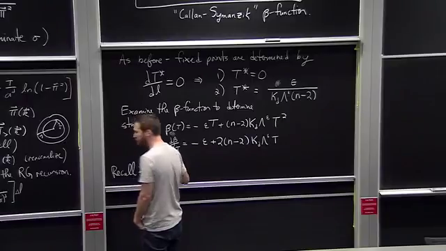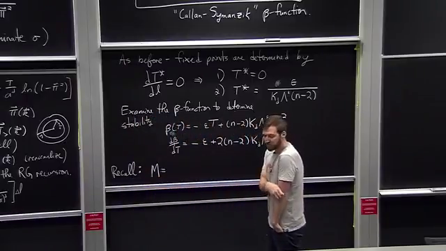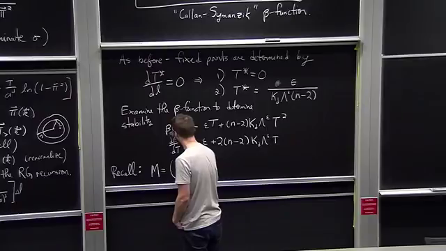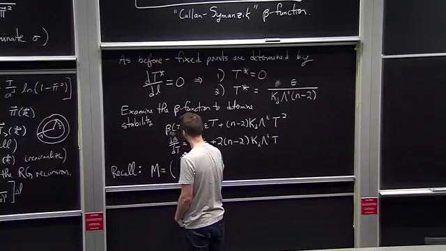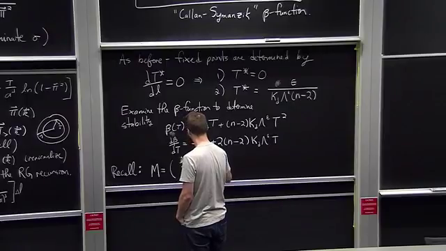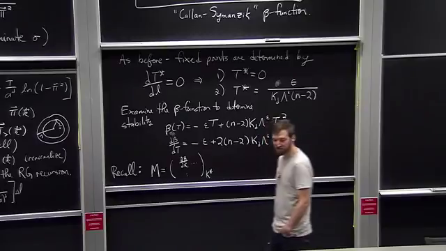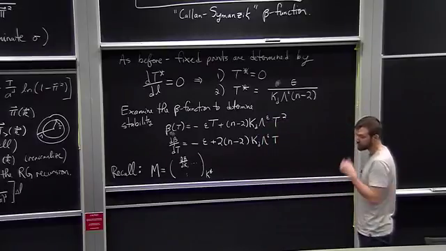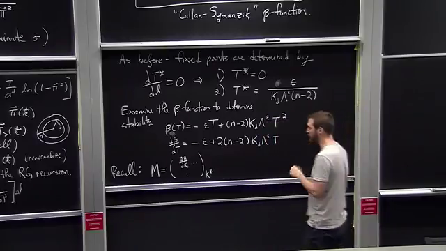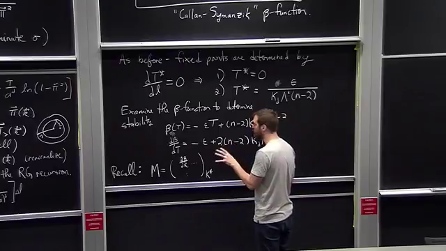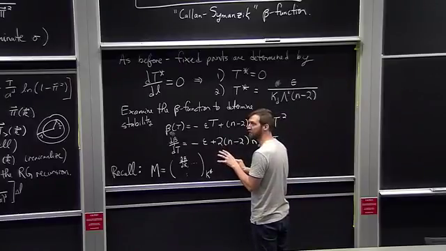M is made up of the derivatives of the beta functions with respect to all the parameters, so they'd be partials, at all k star at the fixed points. And this would give the y's. So the eigenvalues of this matrix are the y's.